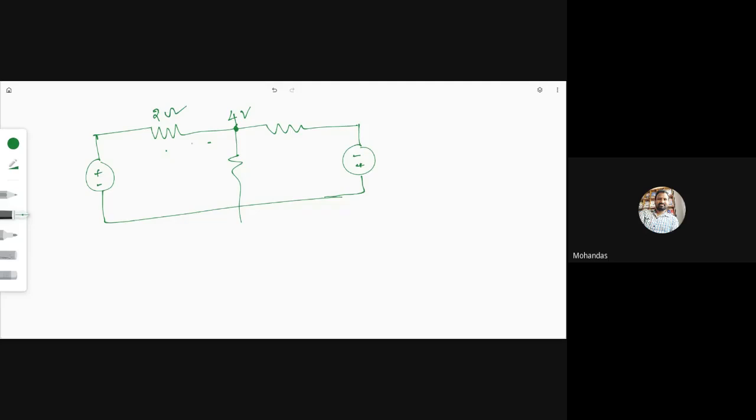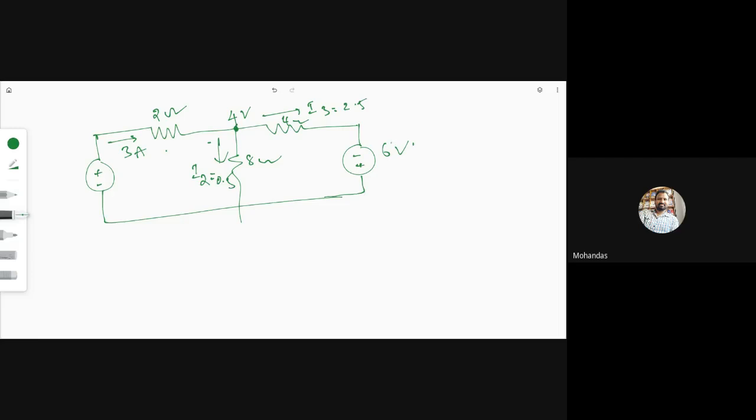In this direction, how much current flows? In this direction 3 ampere current is flowing, and this is 8 ohm. What is I2? 0.5. I2 is 0.5. I3, this is 4 ohm, right? What is I3? 2.5. This is 6 volts.